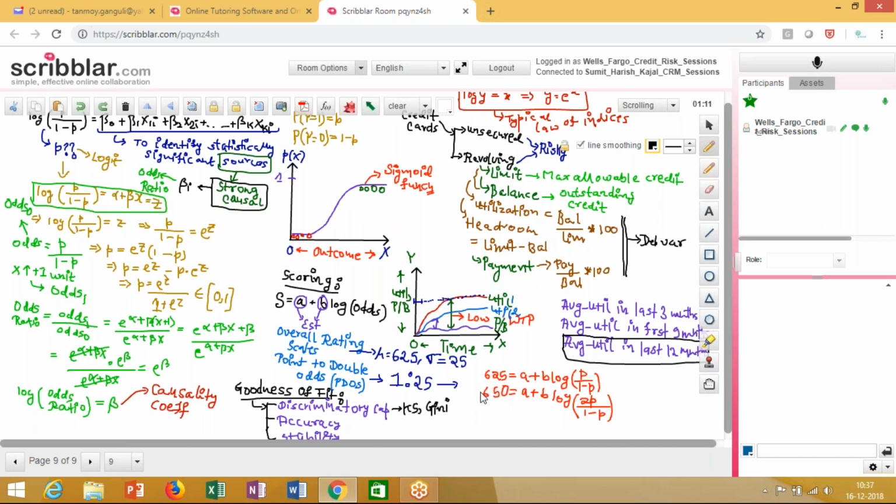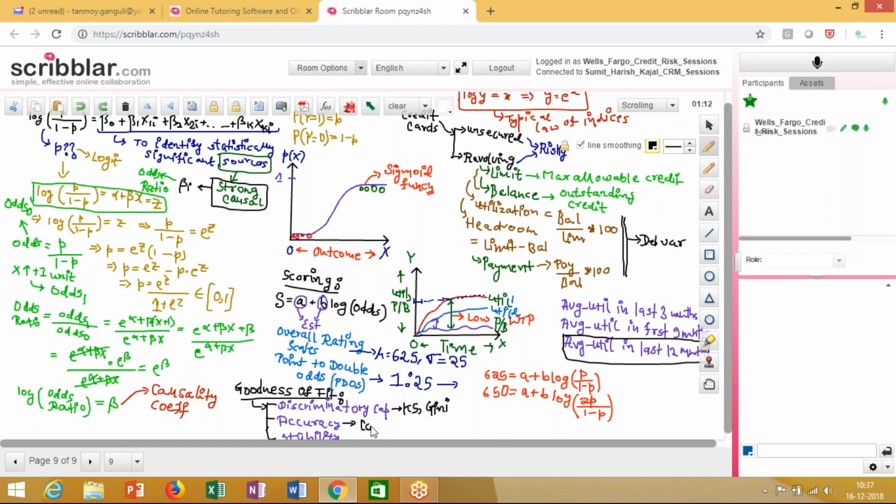So K and Gini are the two most widely used discriminatory statistics. The next part that we have over here is the accuracy. In accuracy, you have the confusion matrix to look into.